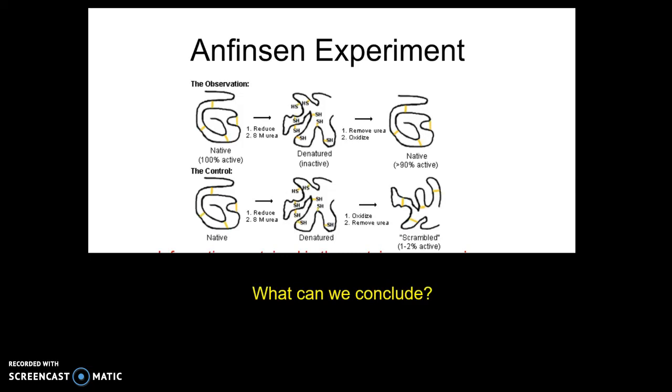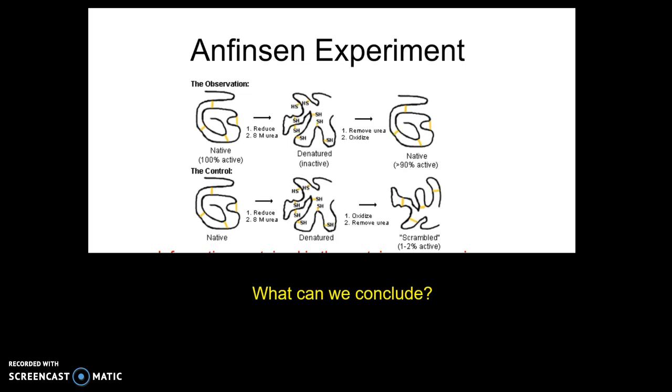But what he found was that if he removed the urea first and then added the oxidizer, then he got a protein that was pretty much like it was supposed to be, the original protein. But if he added the oxidizer first and then removed the urea, then he got a scrambled protein, a protein that was not able to perform the function of the ribonuclease.